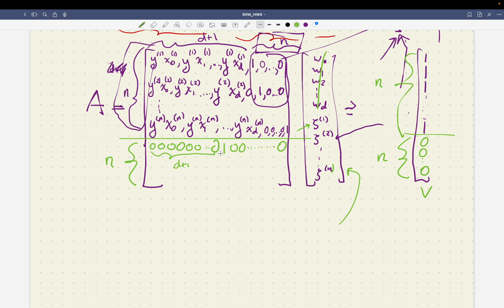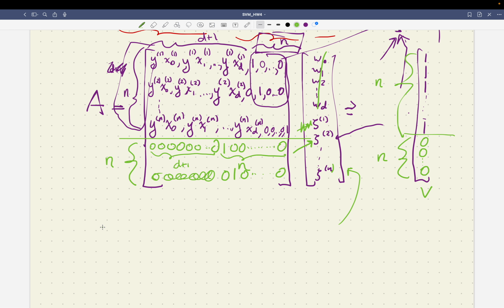Okay, so there's going to be n of these. And now what's going to happen is this is basically going to be the identity matrix again. So see how that's going to work, because in the next row, we're going to focus on this guy, and we're going to zero out everything else. So this will be all zeros again, d plus 1 zeros, and then a 0, and then a 1, and then the rest zeros.